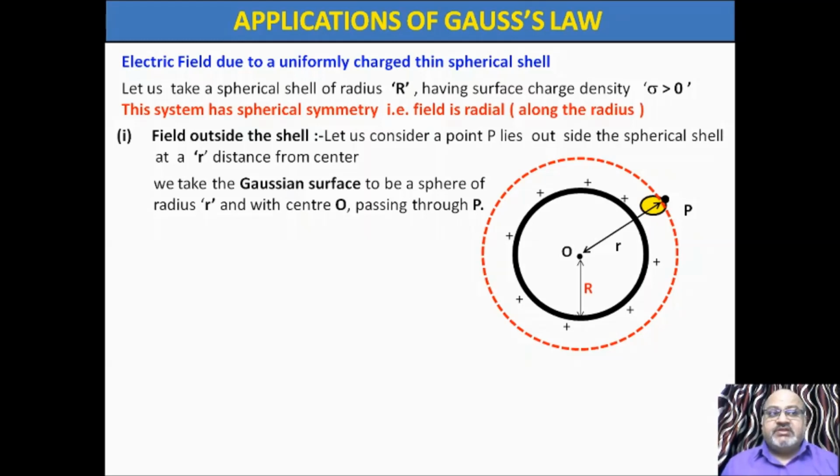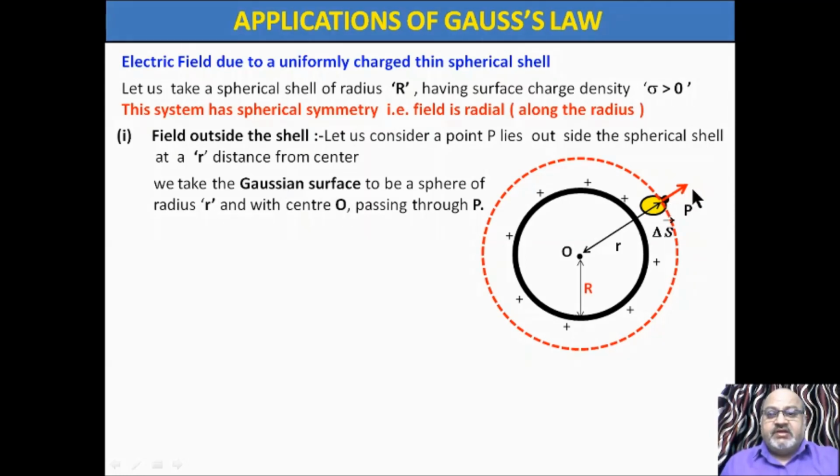Now next, this yellow one is a small area element, delta S, and this red arrow is the normal, perpendicularly outward.